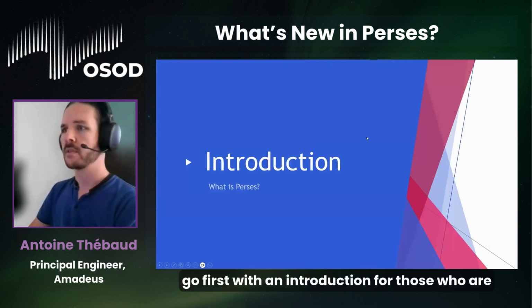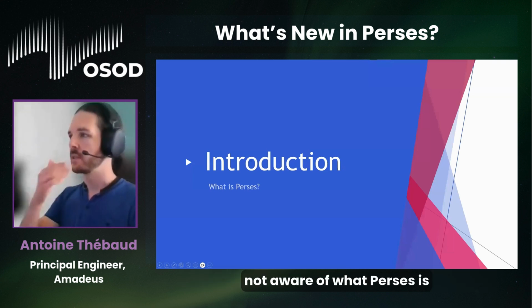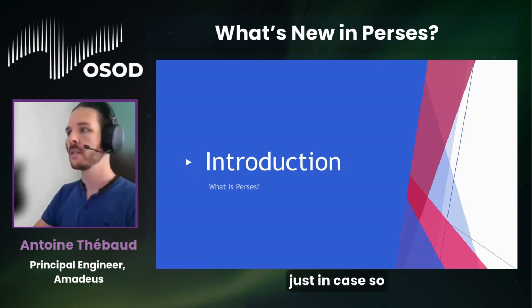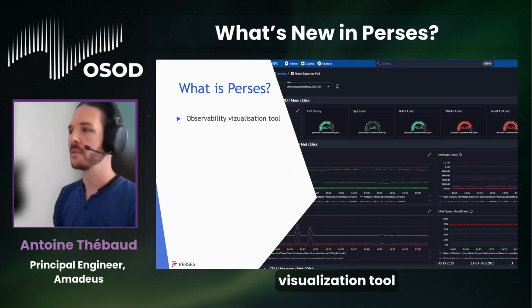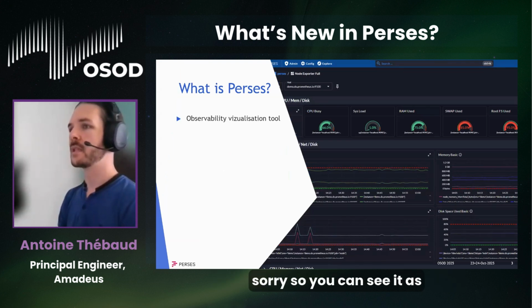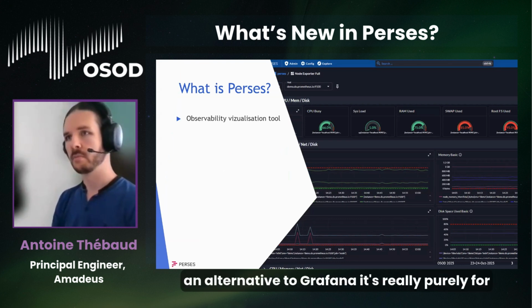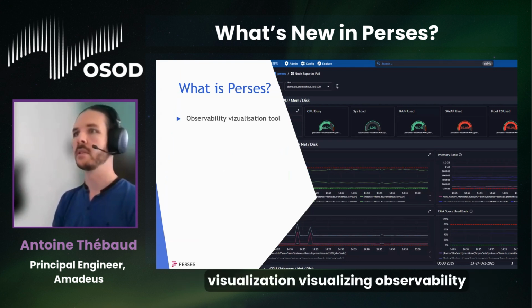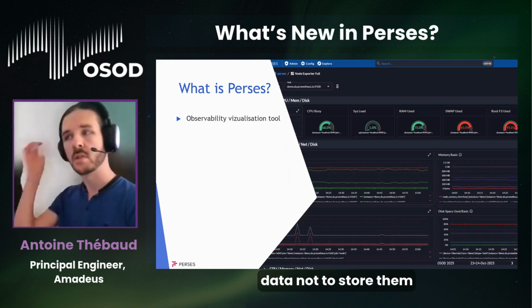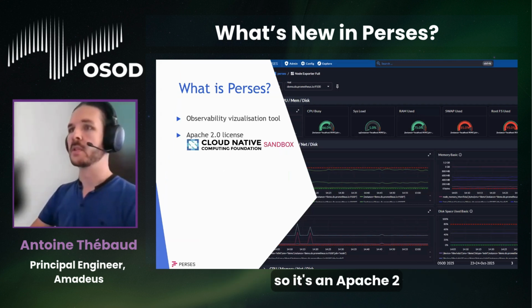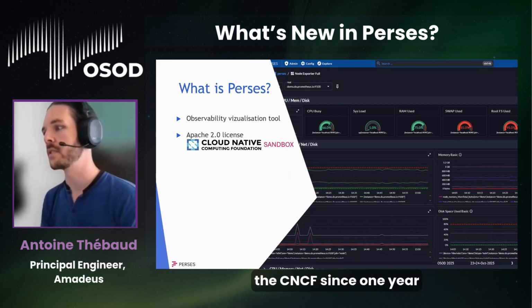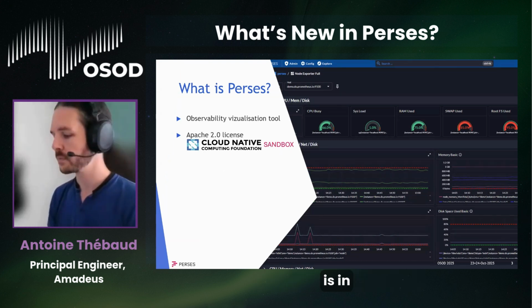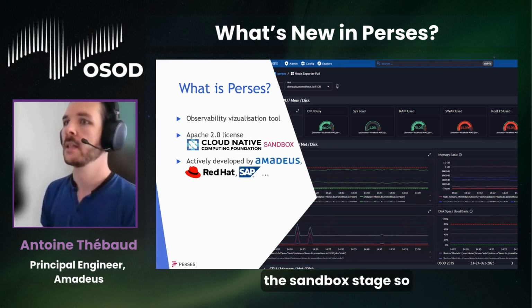Let's go first with an introduction, for those who are not aware of what Perses is. Perses is basically an observability visualization tool. You can see it as an alternative to Grafana. It's purely for visualizing observability data, not to store it. It's an Apache 2 license project, and it has been part of the CNCF for approximately one year now, at the sandbox stage.